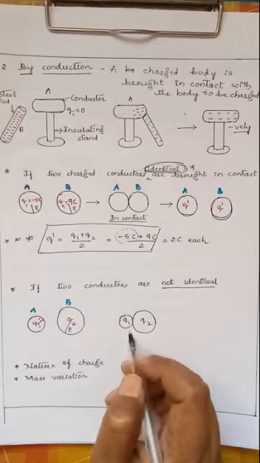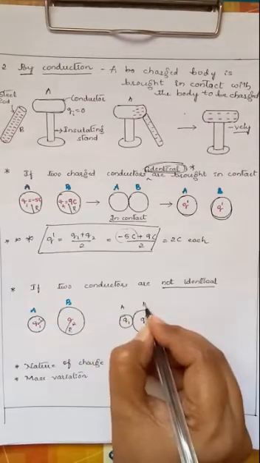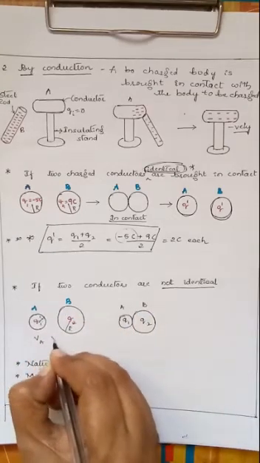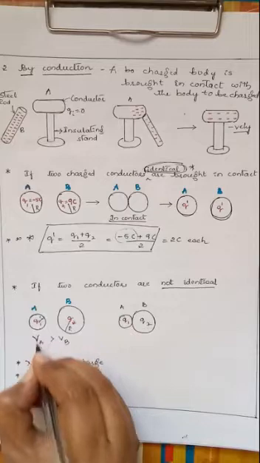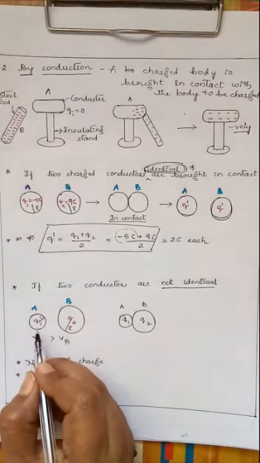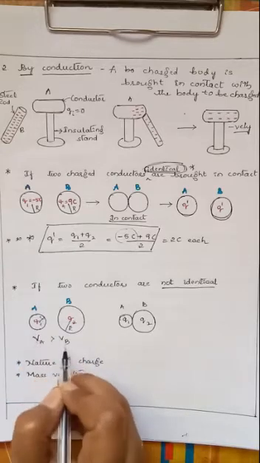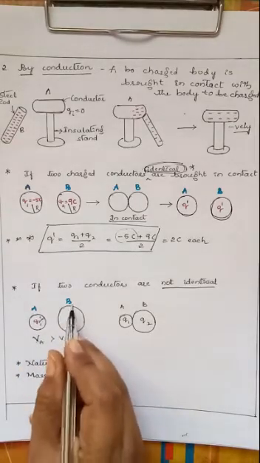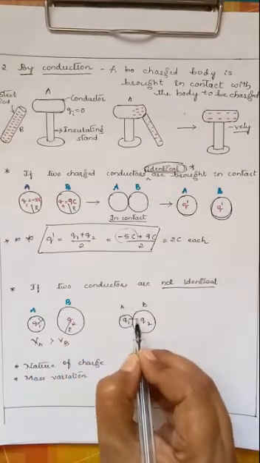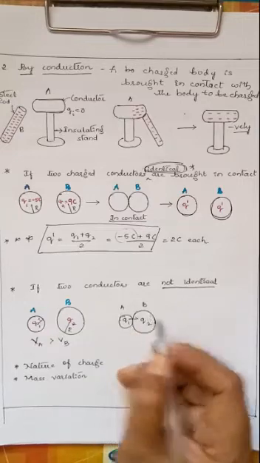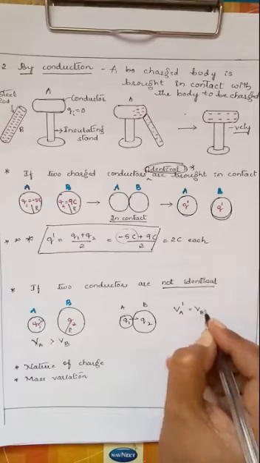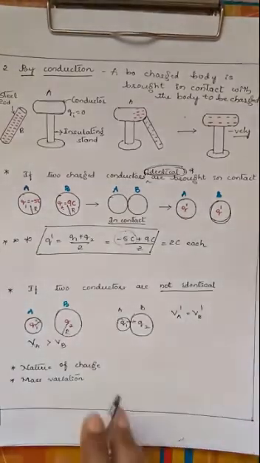Suppose A is at higher potential initially, so VA is greater than VB, where we represent potential by V. In that case, the flow of charge takes place from body A to body B until both their electrical potentials become equal.